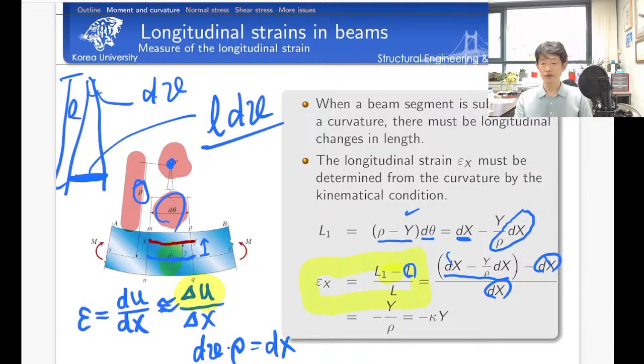For small deformation, 1 over the radius of curvature is the curvature, so my strain is given in a very simple form: minus the curvature times the y coordinate.